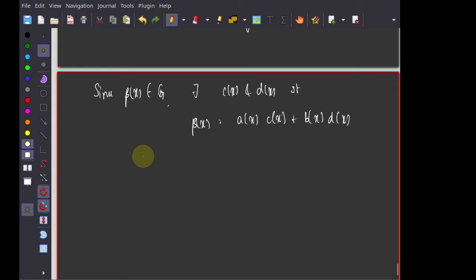So let me use Euclid's division algorithm. Clearly a(x) and b(x) both lie in G, because I can write a(x) as a(x) times 1 plus b(x) times 0. Similarly, b(x) can be written in a similar fashion. Now I can write a(x) as beta(x) times some quotient plus a remainder.